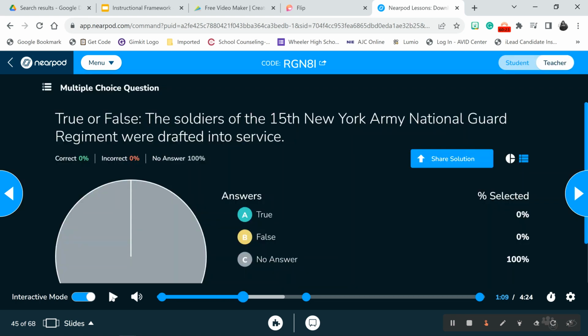All right, true or false? The soldiers of the 15th New York Army National Guard Regiment were drafted into service. Is it true or false? Let's put your answer in. You've got a 50-50 chance here. Give about 30 seconds and we move on.